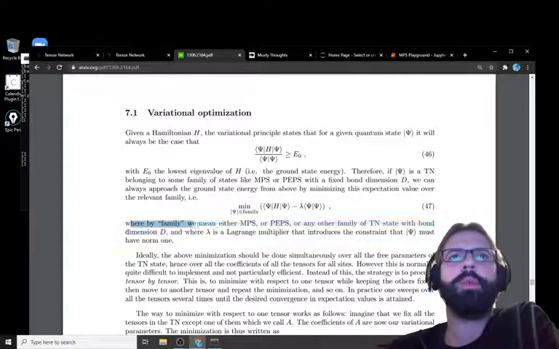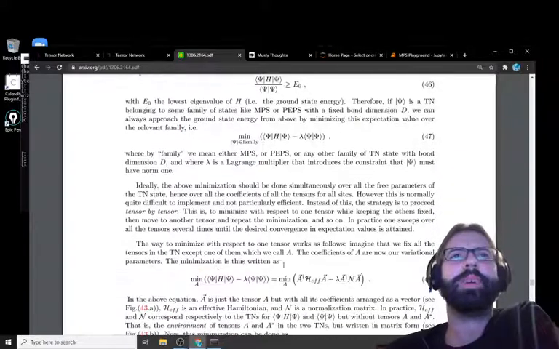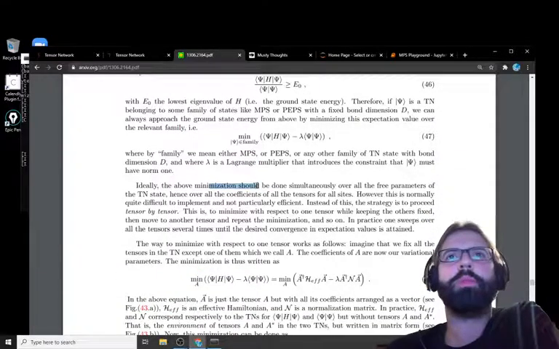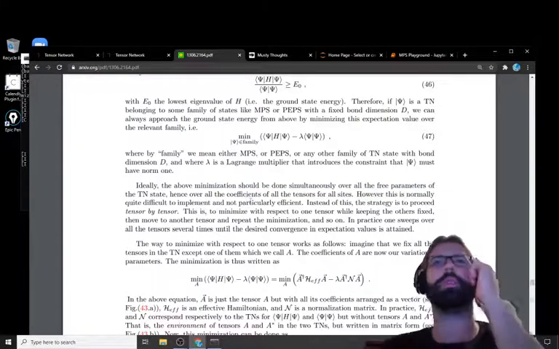Where by family we mean either MPS or PEPS or any other family of TN states with bond dimension D, and where lambda is a Lagrange multiplier that introduces the constraint that psi must have norm 1. Oh, this Lagrange thingy again. Ideally, the above minimization should be done simultaneously over all the free parameters of the tensor network state, hence over all the coefficients of all the tensors for all sites.